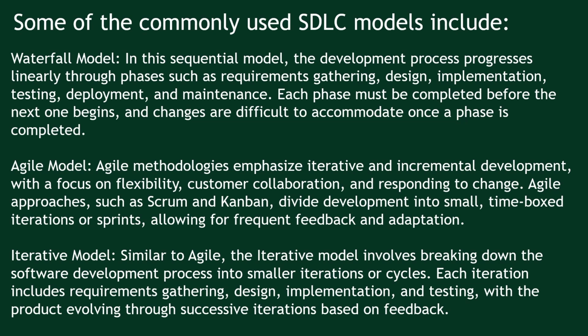Iterative model. Similar to Agile, iterative model involves breaking down the software development process into smaller iterations or cycles. Each iteration includes requirements gathering, design, implementation, testing, with the product evolving through successive iterations based on feedback.